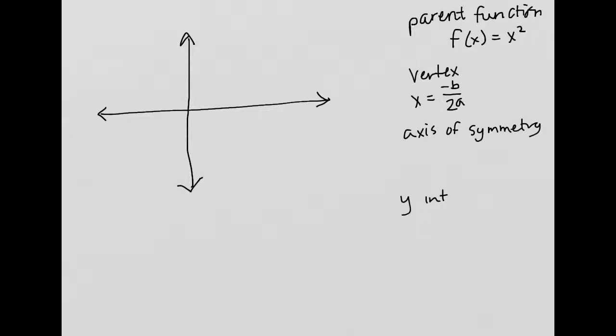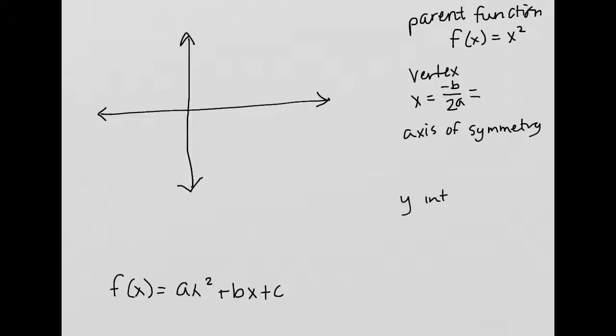Now remember, the general form of all quadratic functions looks like this. Okay, f of x equals ax squared plus bx plus c. Now in this particular case, you see that there's no b and there's no c. There is an a though, right?